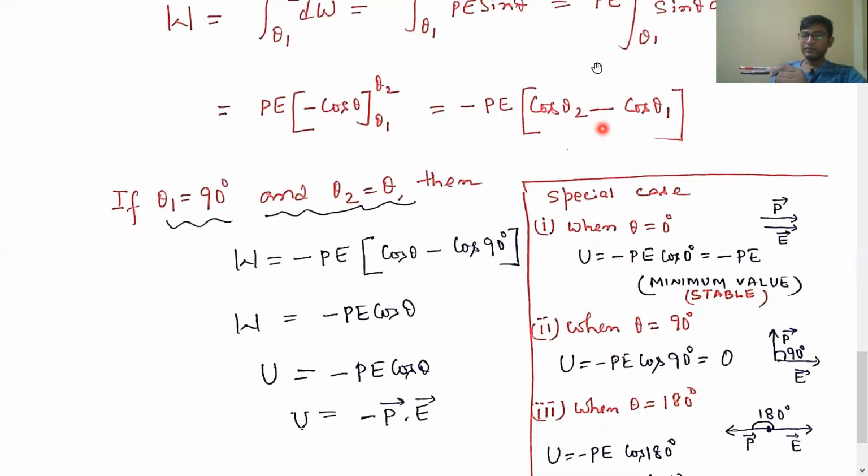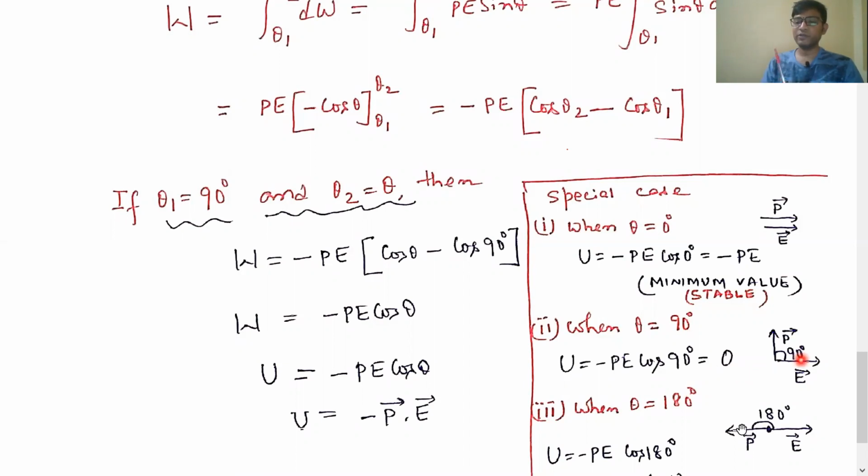The next one is when theta is equal to 90 degree. So in this case, E and P are at 90 degree to each other.